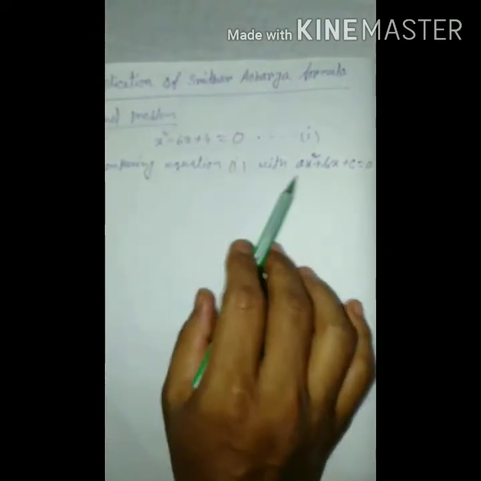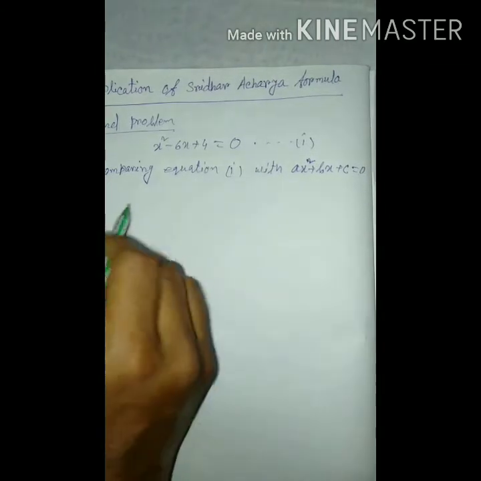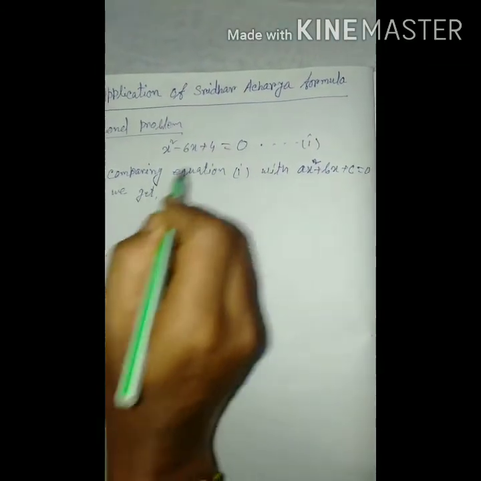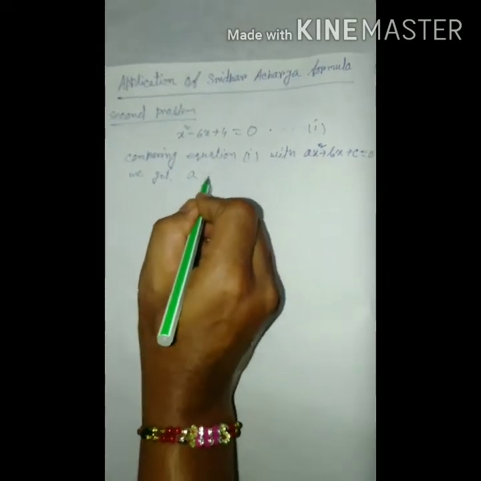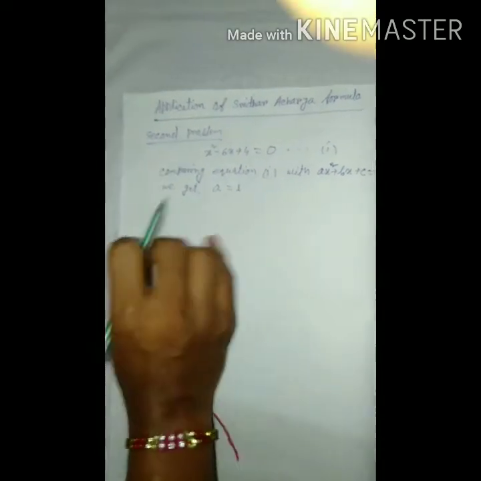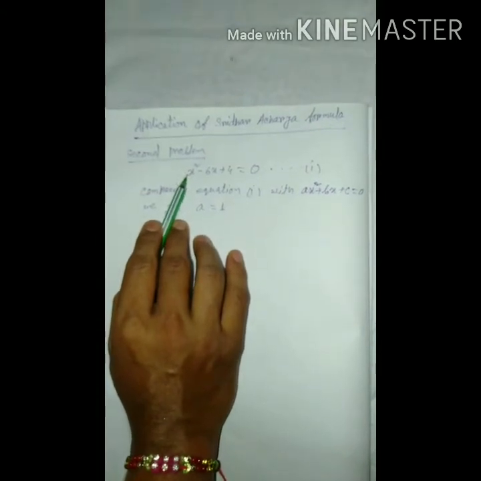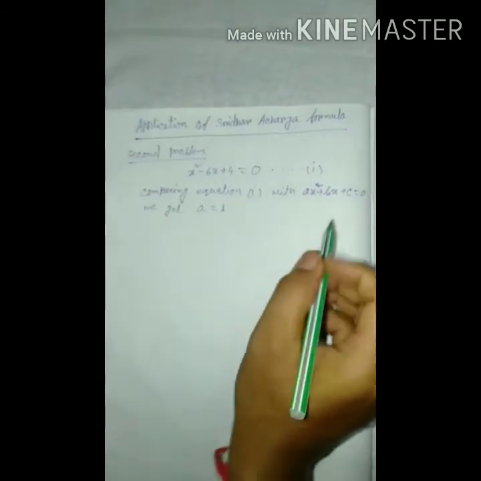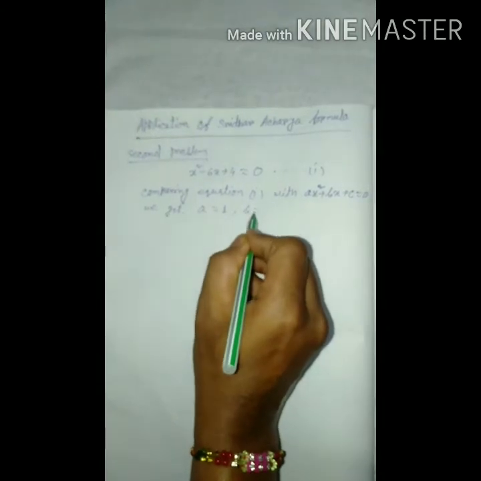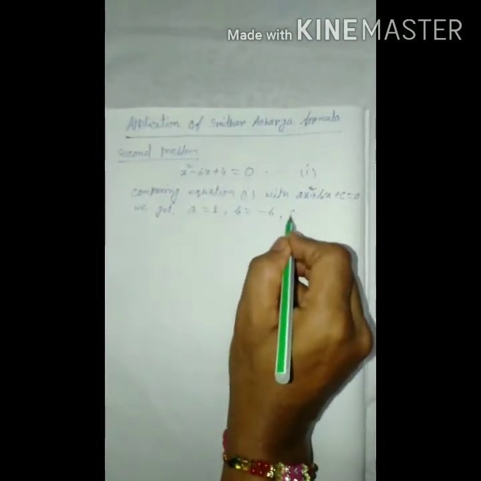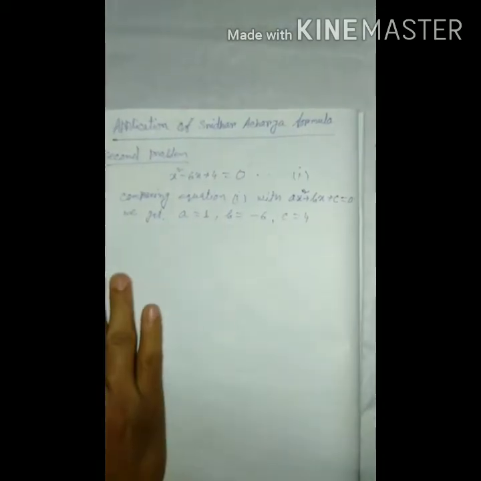Comparing this equation with general form of quadratic equation, we get a is equal to 1. Here coefficient of x square is 1. B is equal to minus 6, C is equal to 4.